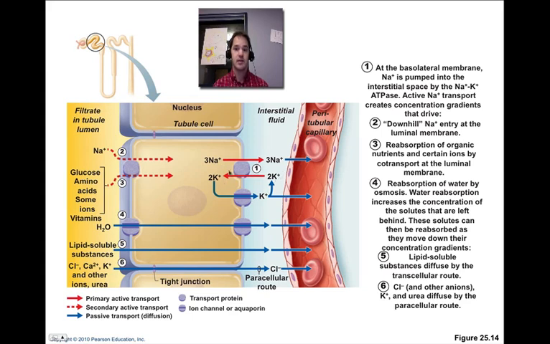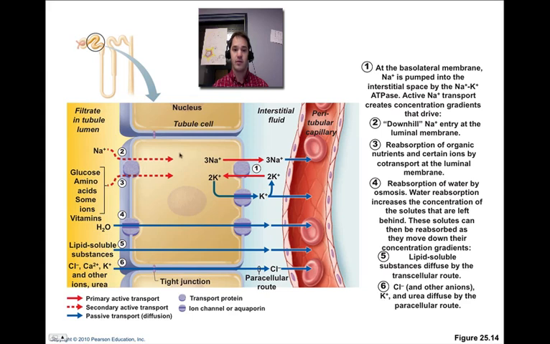So at this basolateral membrane, sodium is, I lost my pointer. Sodium is pumped out of the cell, through the basolateral membrane, and into the interstitial space. So we develop a gradient where sodium is high in the filtrate and low in the cell because it's being actively pumped out.